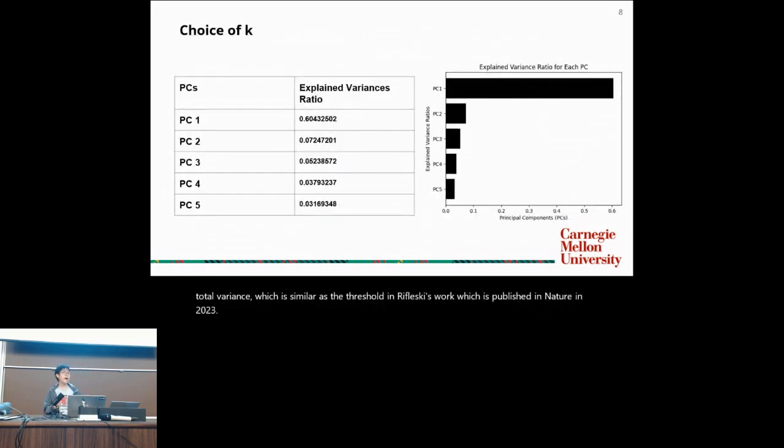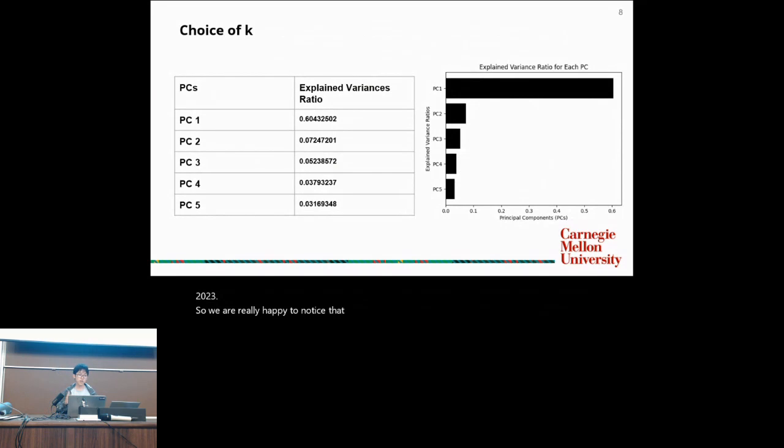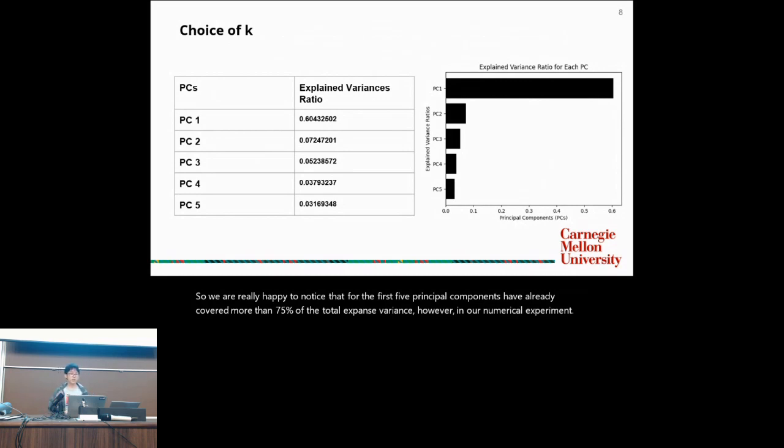We are really happy to notice that the first 5 principal components have already covered more than 75% of the total variance. However, in our numerical experiment, we varied the number of principal components from 6 to 10.